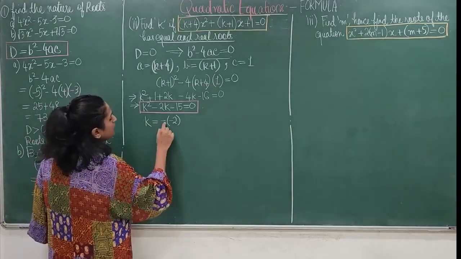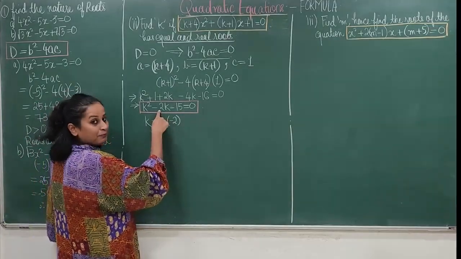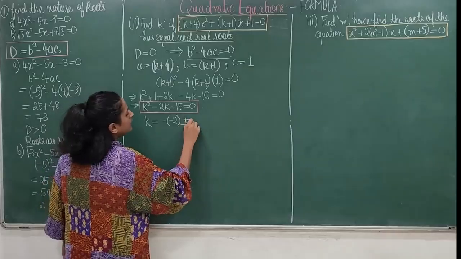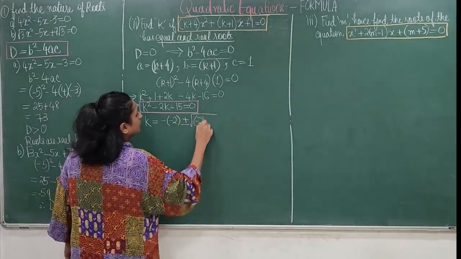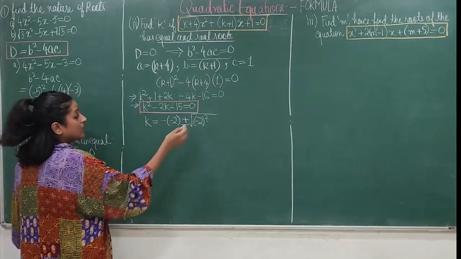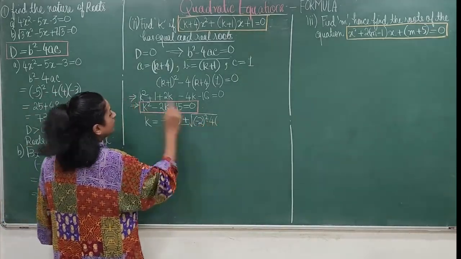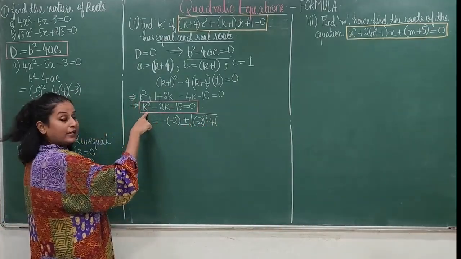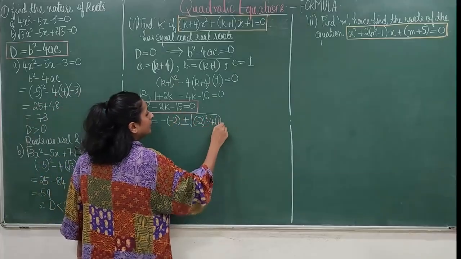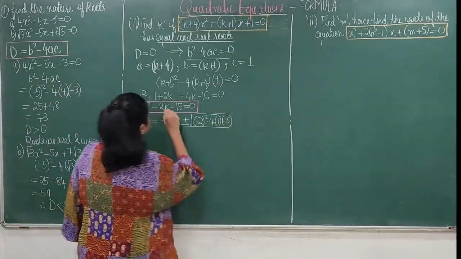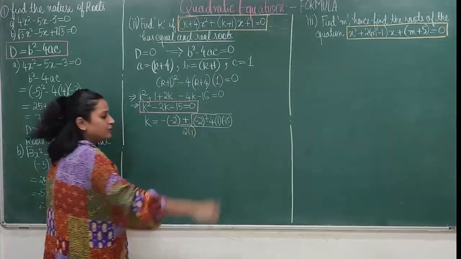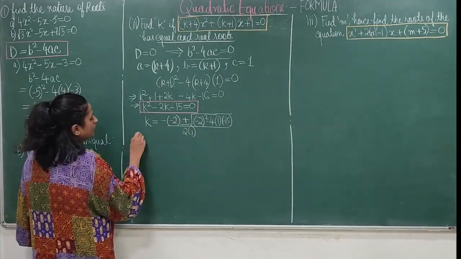So k is equal to minus of minus 2, because here b is minus 2, plus or minus square root of b square, that is minus 2 the whole square, minus 4ac, that is 4 into a. What is a here? Coefficient of k square is 1, c is minus 15, upon 2 times a, that is 2 into 1.